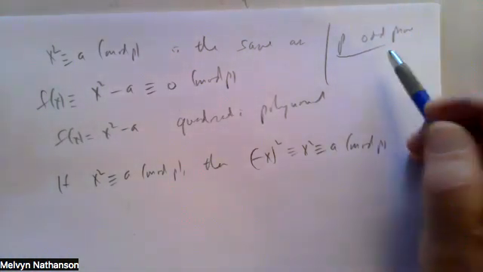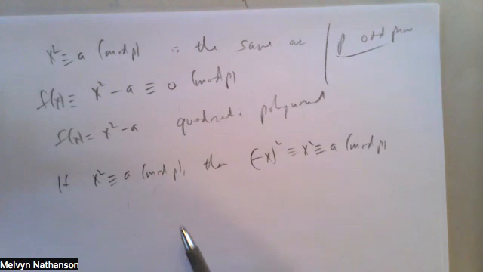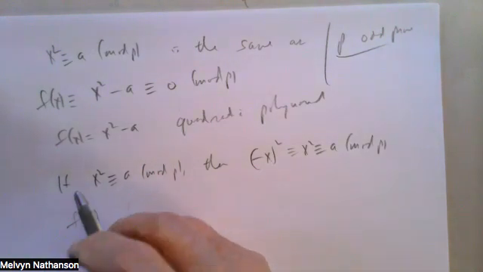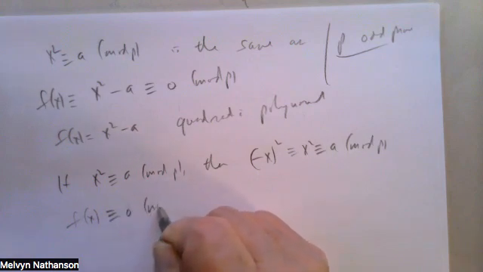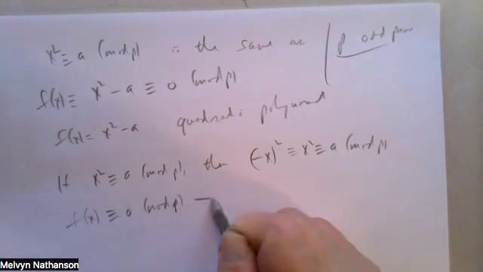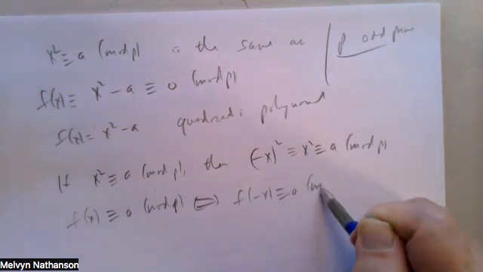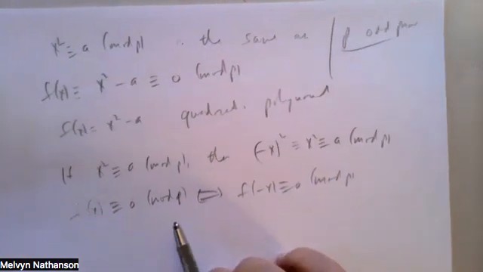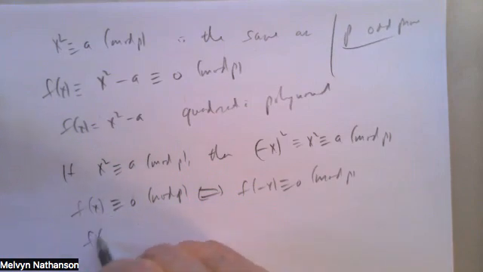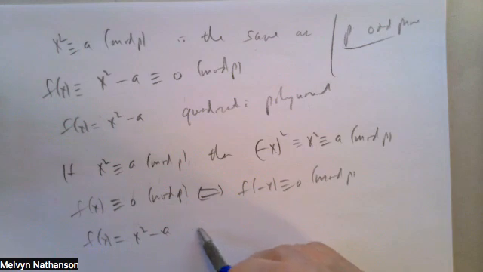So for P an odd prime, f of x is congruent to 0 mod P if and only if f of minus x is congruent to 0 mod P. And f of x, x squared minus A, is a quadratic. It has degree 2.